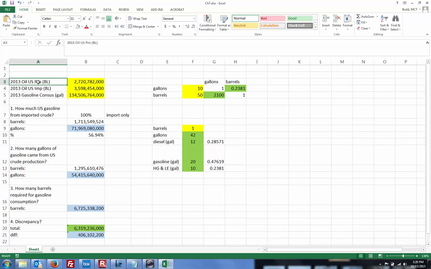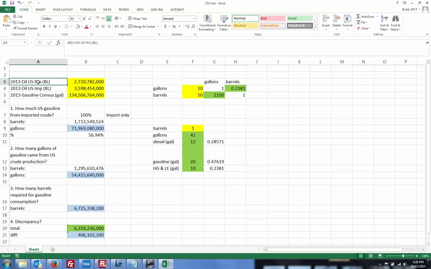In that same year, we imported 3,598,454,000 barrels, and we consumed 134,506,764,000,000 gallons of gasoline.